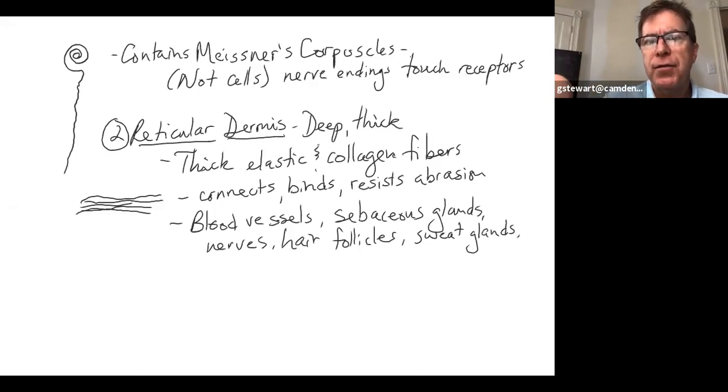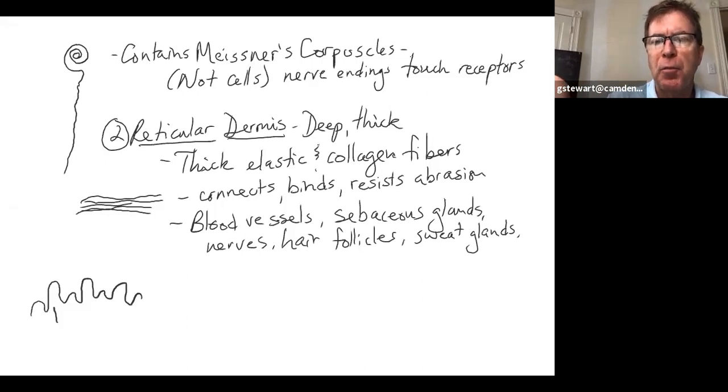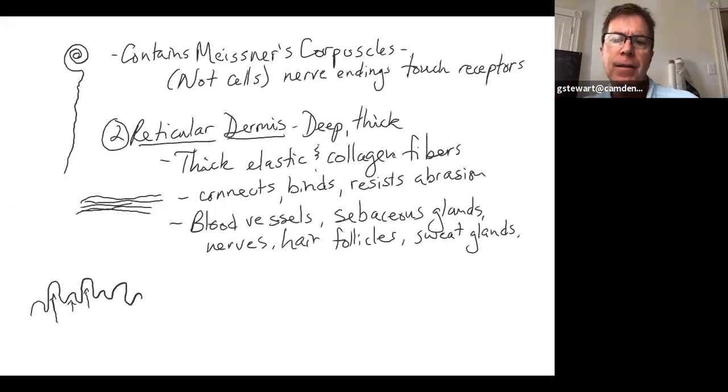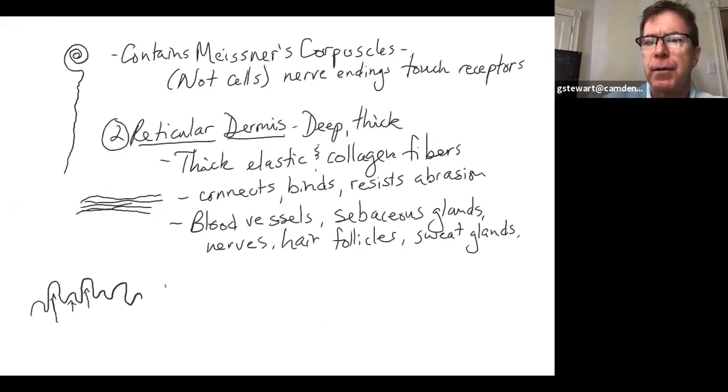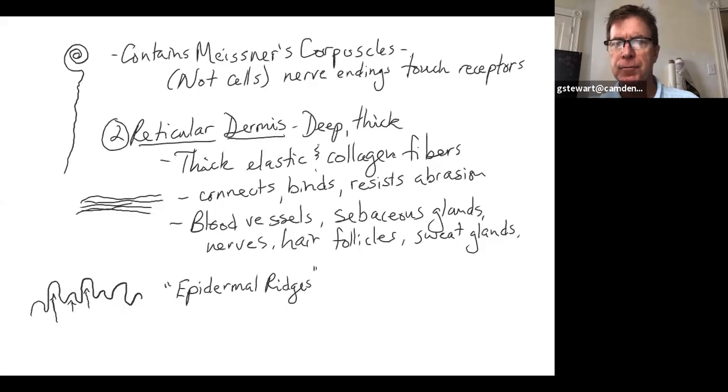Now, this junction point between the papillary dermis and the epidermis and these dermal papilla that project up, they help create structures called epidermal ridges. So the dermis in conjunction with cells in the epidermis together create true epidermal ridges.